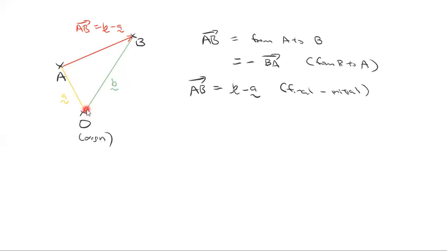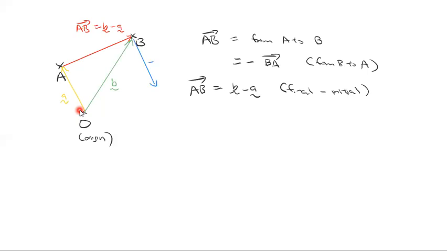But if you're not so clear on why that is the case, we can show you why. So this is B, this is A. If I want B minus A, that means I want B plus negative A. So negative A would look like this.